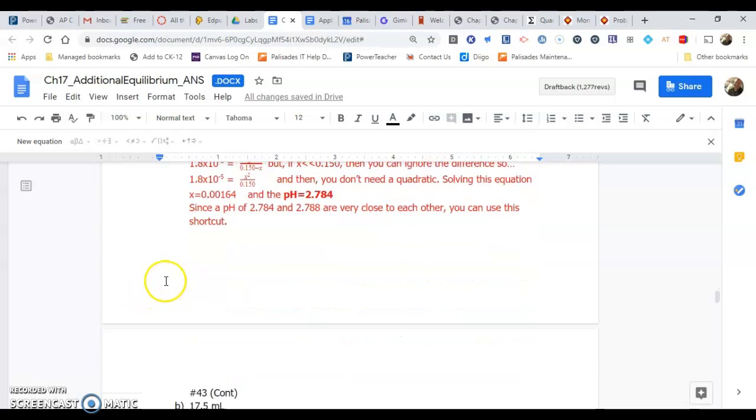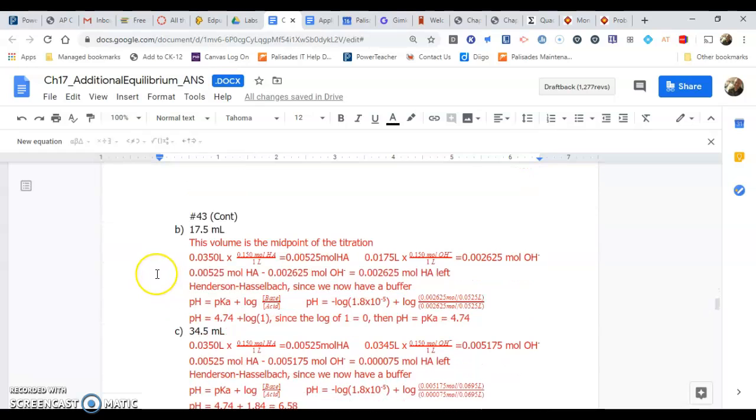If you continue through this calculation, I use the shortcut later when it applies. So when you've added 17.5 milliliters of base, you do your calculation to figure out the moles of acid, and the moles of base, then the acid is consumed by the base and you have leftover weak acid, right?